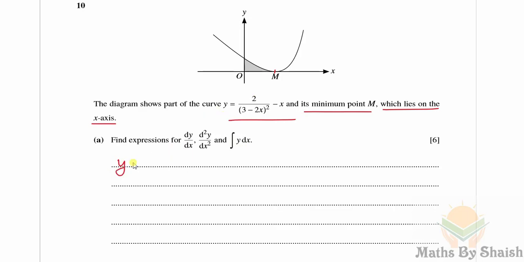So first of all, I'll write y as 2 times (3 minus 2x) power minus 2 minus x. From here we can find the first derivative, that is dy over dx. It is 2 power minus 2, so minus 4, (3 minus 2x) to the power minus 3.